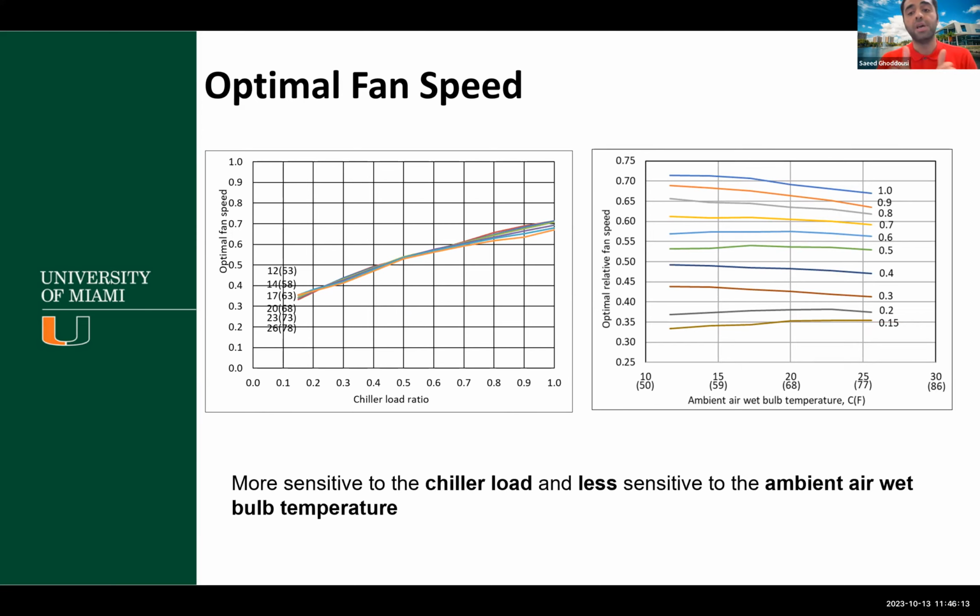As you can see comparing the right-hand side and left-hand side figures, when we are increasing the chiller load, we need more fan speed, which means that we need more power input to our fan. And also, we can see from the right-hand side that ambient air wet bulb temperature does not affect the optimal fan speed control strategy very much.